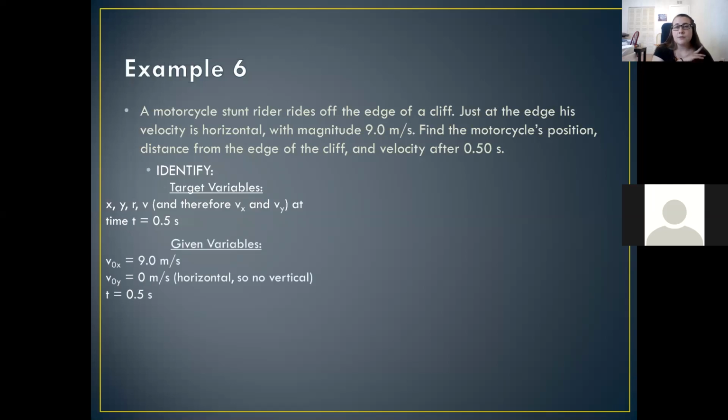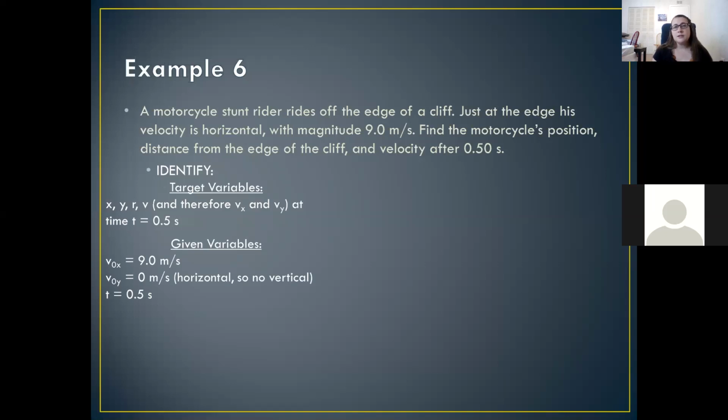There were some variables that were given to us in the problem, so it's always a good thing to make note of those variables before you get going. We're given the initial x velocity, which is 9 meters per second, and the initial y velocity we are also given, although it's not a number in our scenario. It tells us that the velocity is horizontal.